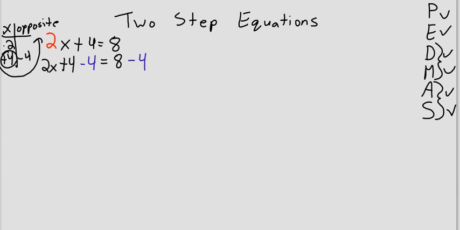Just like in the one-step equations, 4 minus 4 is 0, so I can cancel those out. On the left-hand side of my equal sign, which are always lined up, I have 2x. And on the right-hand side, I have 8 minus 4, which gives us 4.